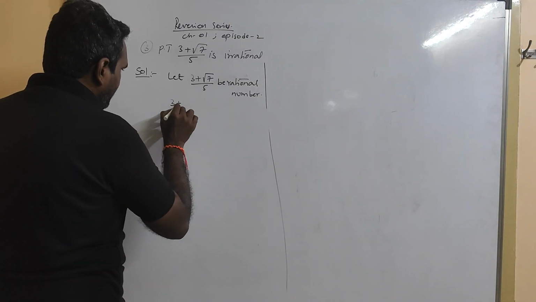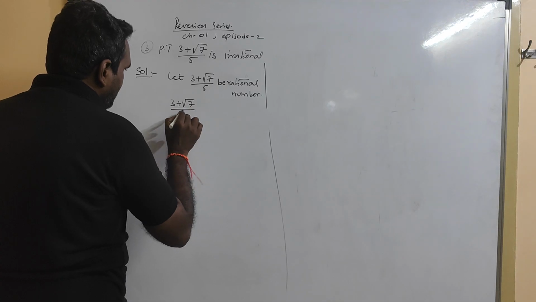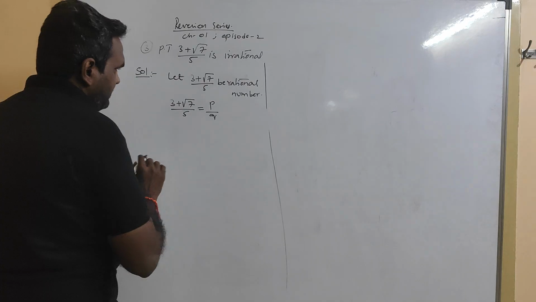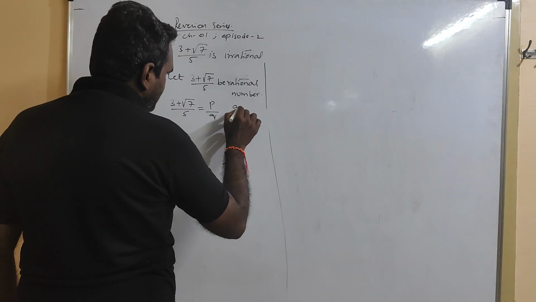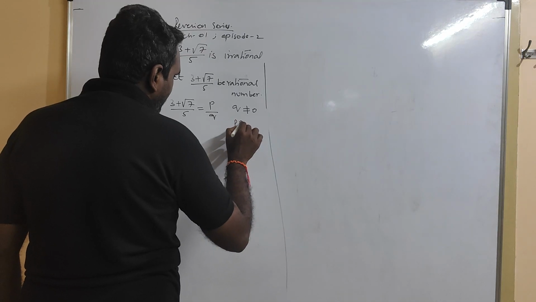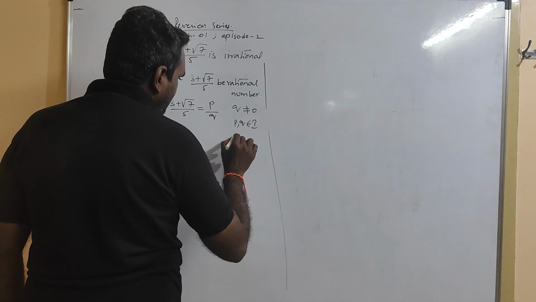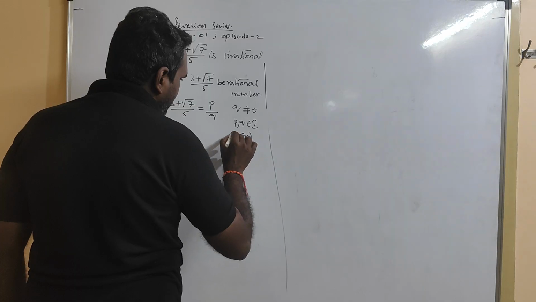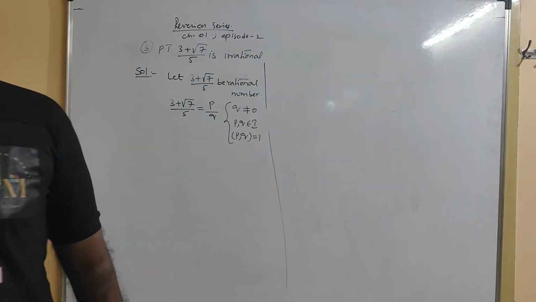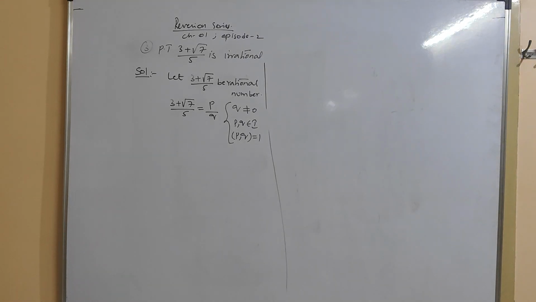I already told you before, whatever the question is given, you have to assume it as rational. Clear? If it is a rational number, it will be of the form p by q. What are the conditions you write? q not equal to 0, p and q belong to the integer set, and p and q have common factor 1, that means they are co-primes. These three you have to write. Till here it is clear.